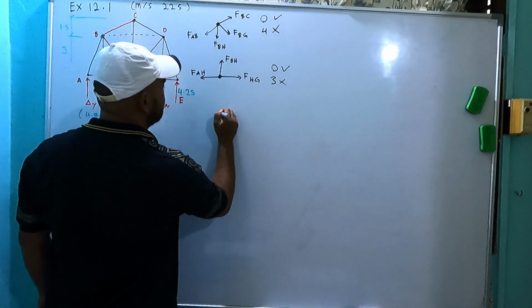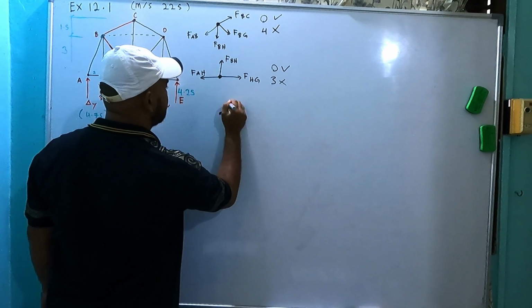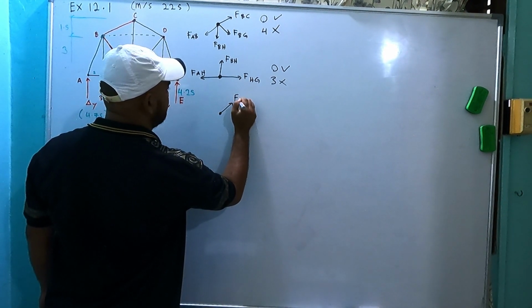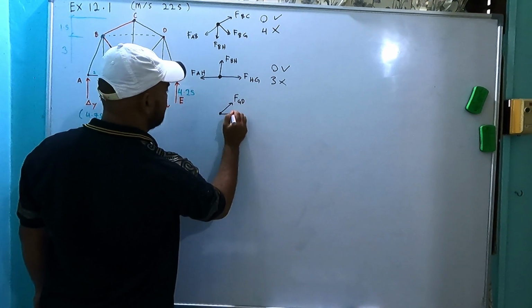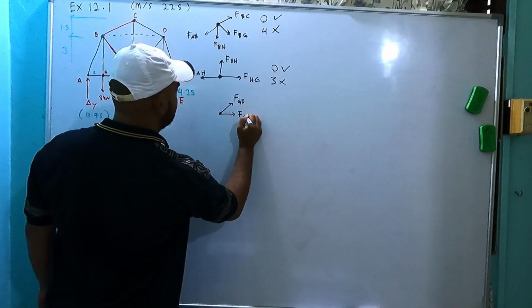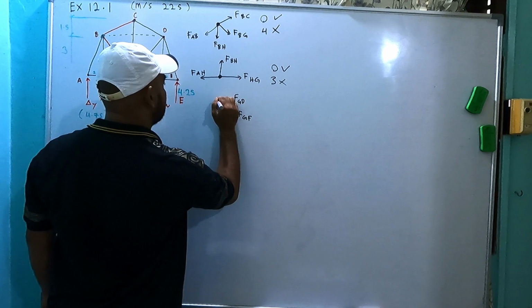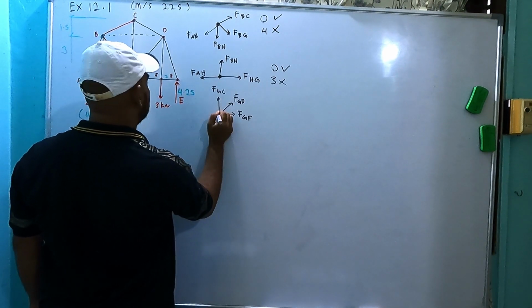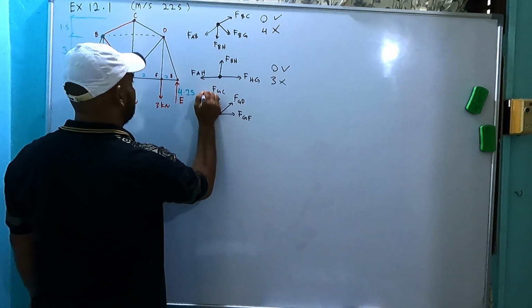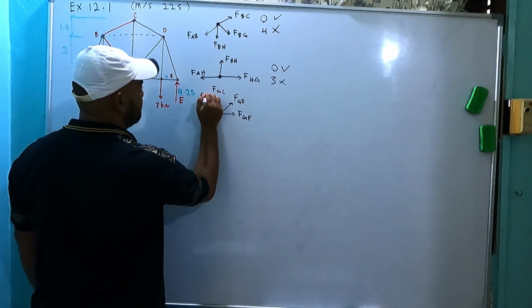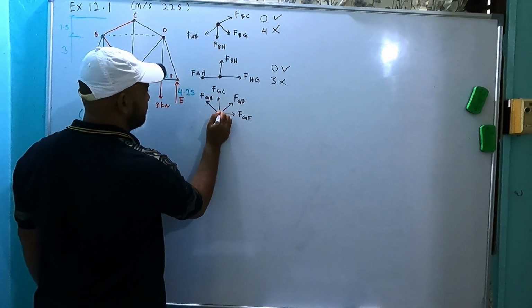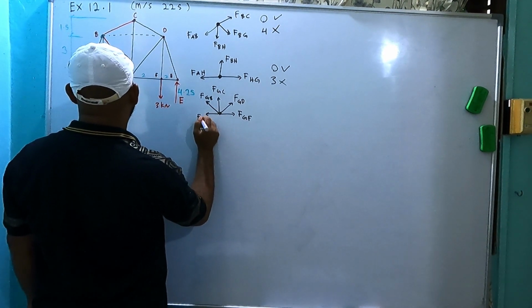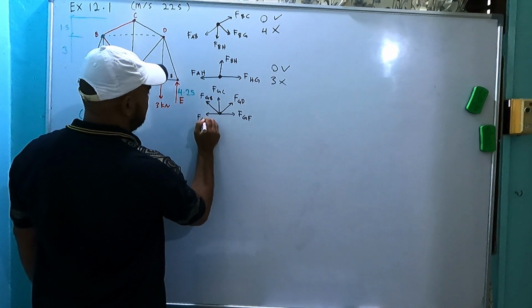And point G, go to point G. We have a lot more. FGD, FGF, FGC, FGB, FGH.